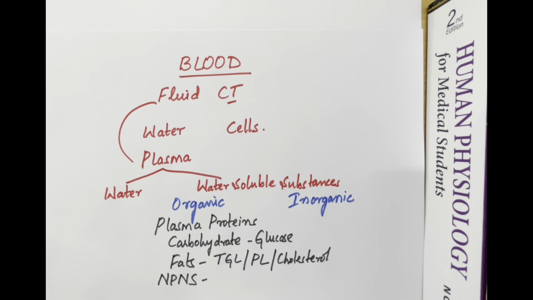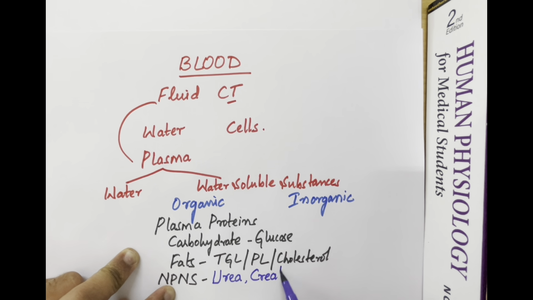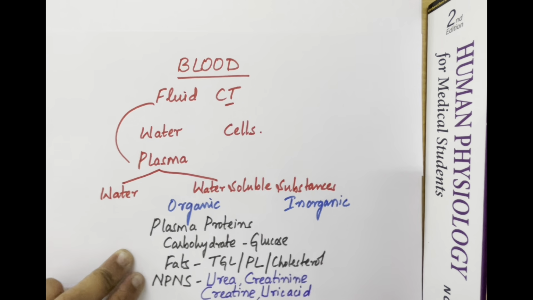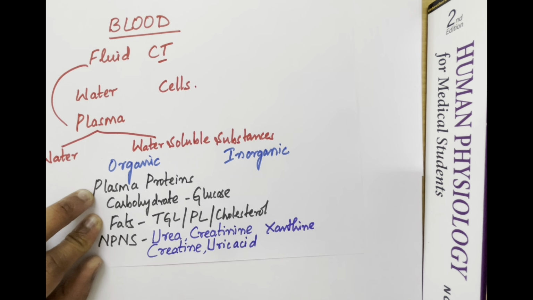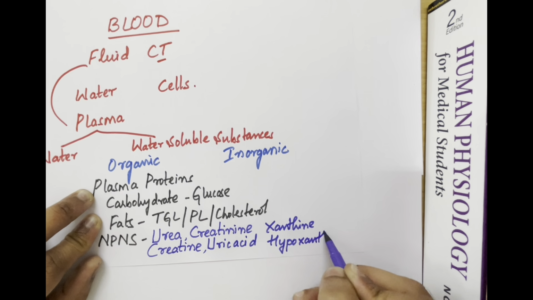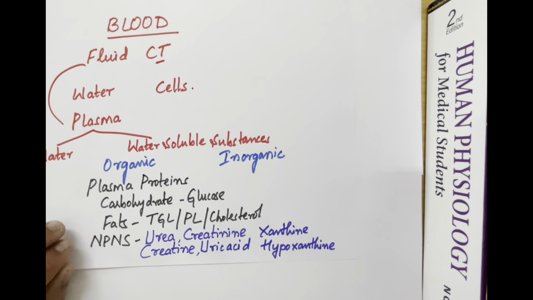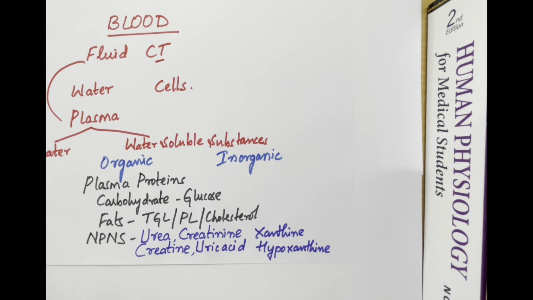So what are these non-protein nitrogenous substances? They include urea, creatinine, uric acid, xanthine, hypoxanthine. So these are all the organic substances present in the plasma.